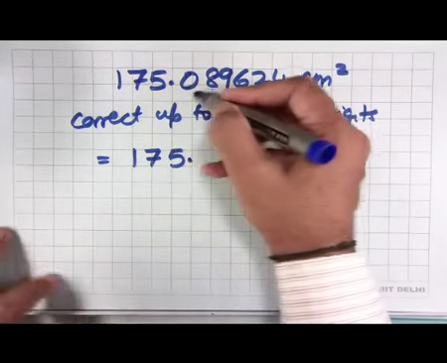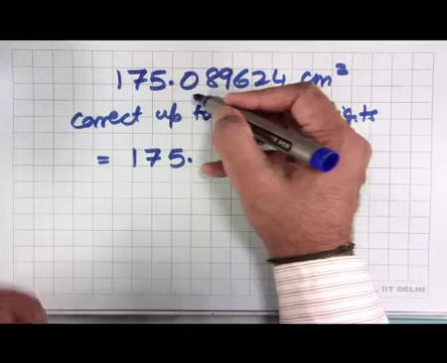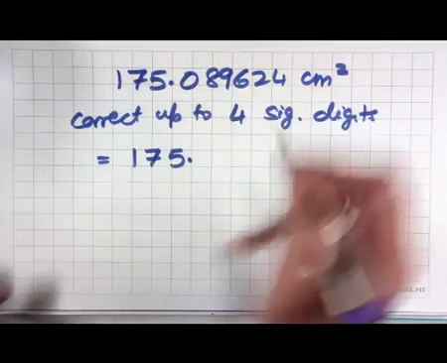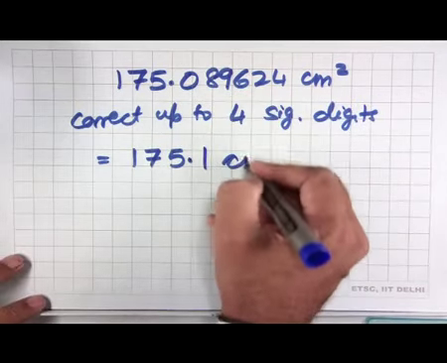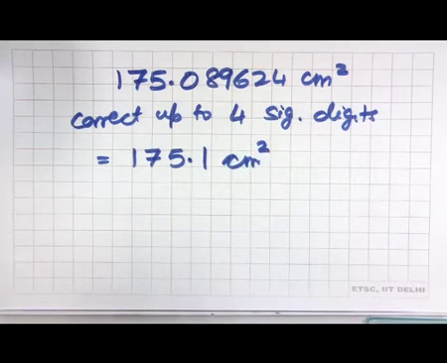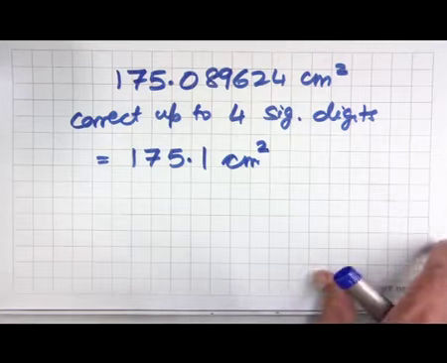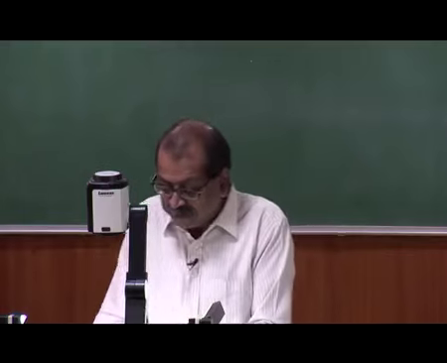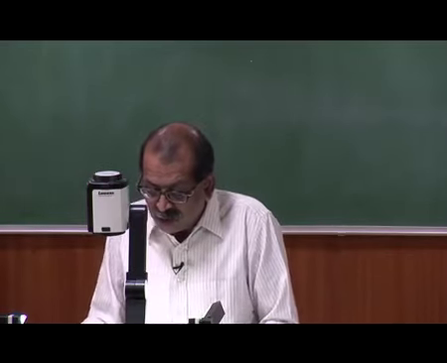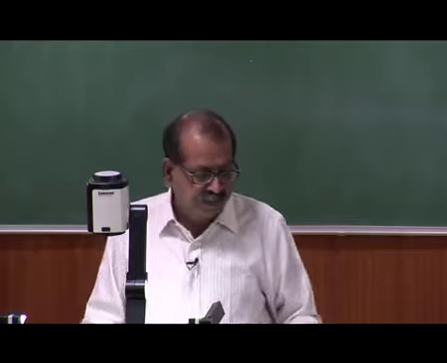Now, 0 is the 4th significant digit. I see it is followed by 8. So, therefore, I round it up to 175.1 centimeter square. So, this is how one accounts for significant digits when we do problems involving multiplication.